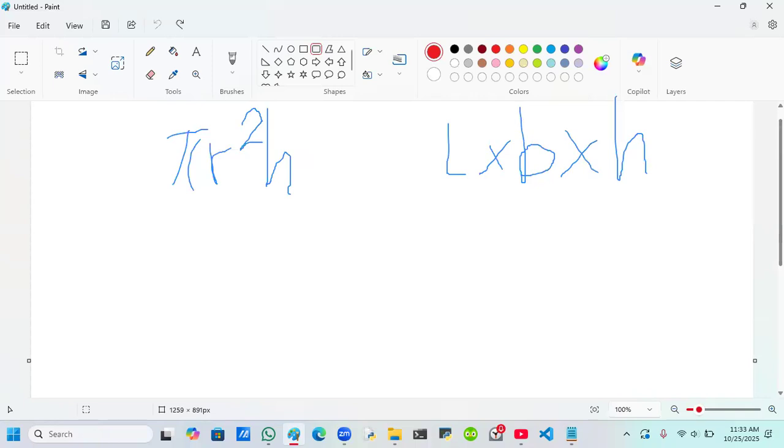I want you to notice something. Did you notice that L times B and pi r squared are both areas of the shape that you will find on top of each one?